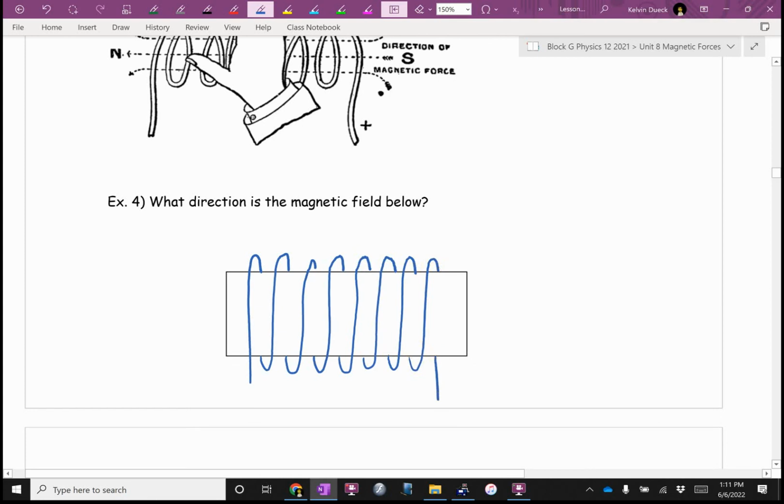There's my solenoid. Or sometimes the capital S's will be reversed, facing the opposite direction. Okay? That gives you a kind of a 3D feel. And now I'm going to tell you which way the current is flowing. I haven't told you that. Suppose I told you the current was flowing this way.